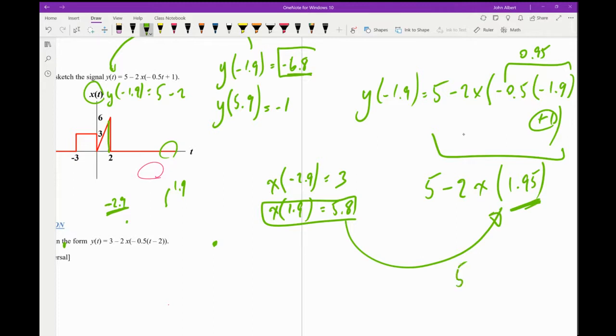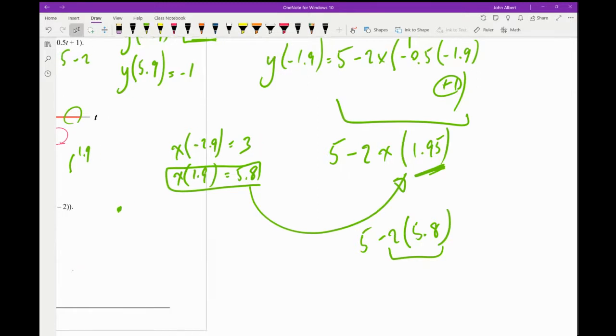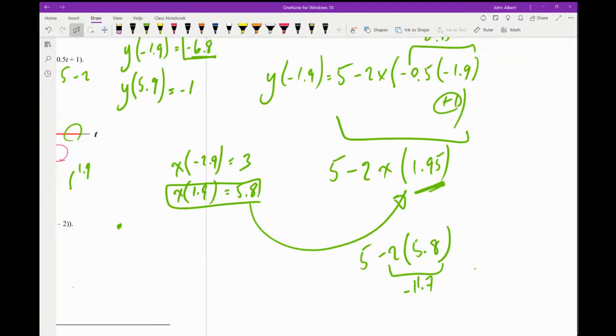Plug it in there, so I'll get 5 minus 2 times 5.8, which will be approximately equal to minus 11.7 or something like this. 5 minus 11.7 is going to be minus 6.7, I think. Minus 6.6. Okay, yeah, thank you so much for it.